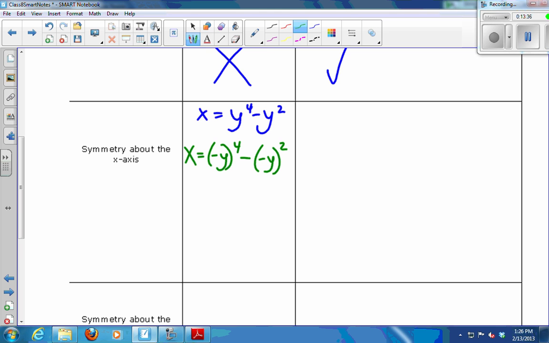Negative y to the 4th, it's an even power, so I'm going to have 4 negatives multiplied together. The answer will be positive. So I get x equals y to the 4th. And negative y squared, that's negative y times negative y, which is positive y squared. Same as the original. And then the other two come out as no symmetry.